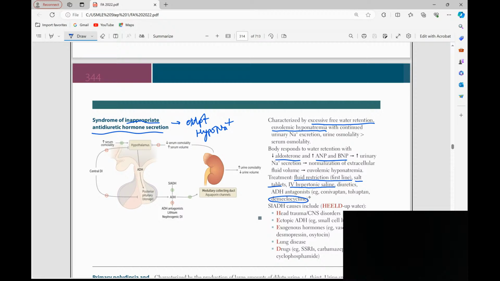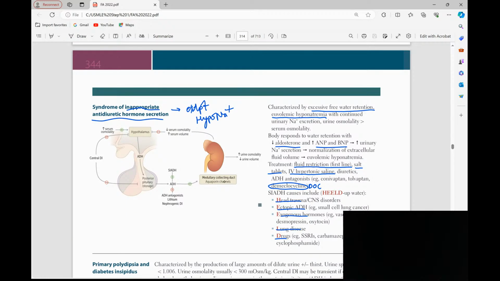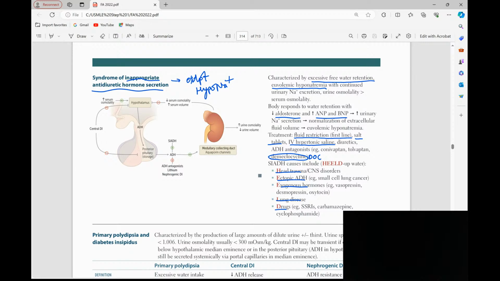We have said before also, demeclocycline, and the causes are like head trauma, ectopic ADH secretion, tumors, lung disease, drugs. This is not that important. Just we'll go with the drugs, and if we can remember, just remember the osmolality values also.